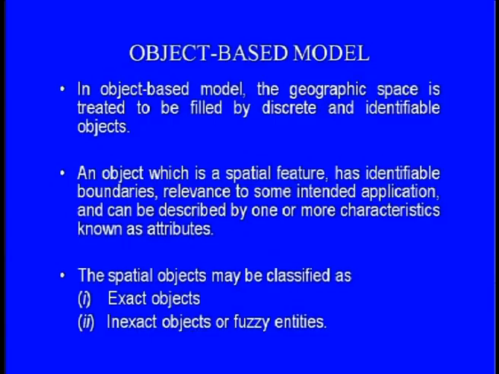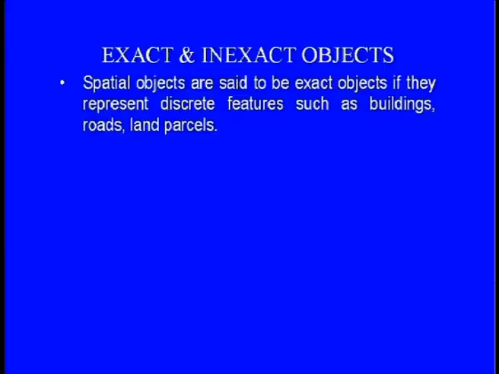The spatial objects may be classified as exact objects or inexact objects or fuzzy entities. So, let us look at what are exact and inexact objects. Spatial objects are said to be exact objects if they represent discrete features such as buildings, roads and land parcels.